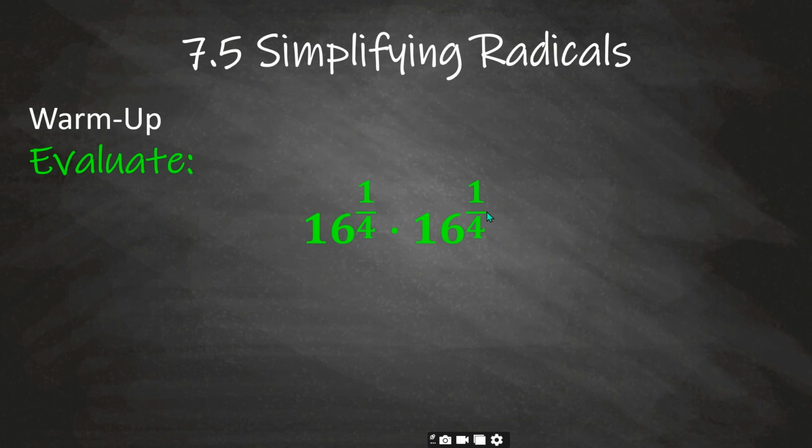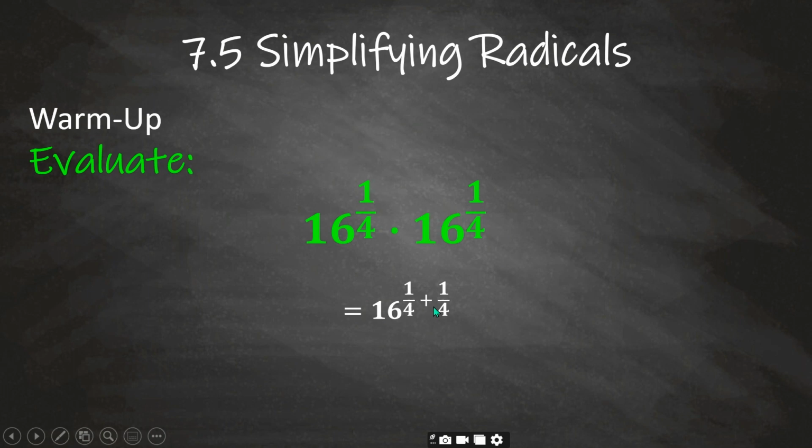All right, so your warm-up for this module is taking what we learned previously in 7.4, which is rational exponents and exponent properties, and applying it together. So we have 16 to the 1/4 power multiplied by 16 to the 1/4 power. According to my product property rules, if I have the same base, I can add the exponents.